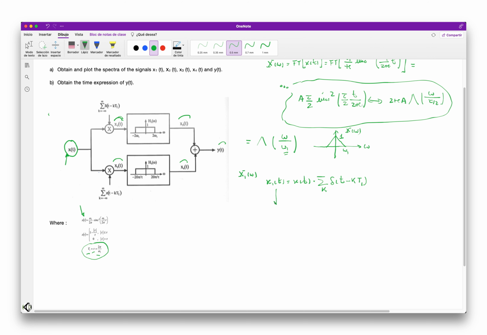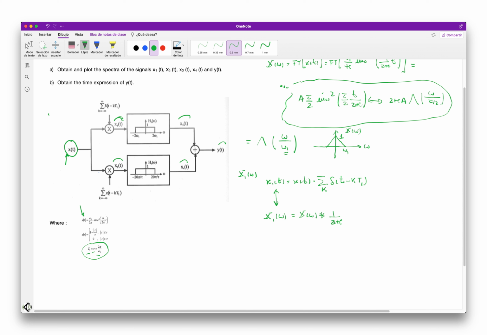So we are ready here to do the Fourier transform of this signal x1(t) and its X1(omega), and the Fourier transform will be capital X of omega, the signal x, and the multiplication, which gets translated in frequency, as you know, in a convolution divided by 2 pi.